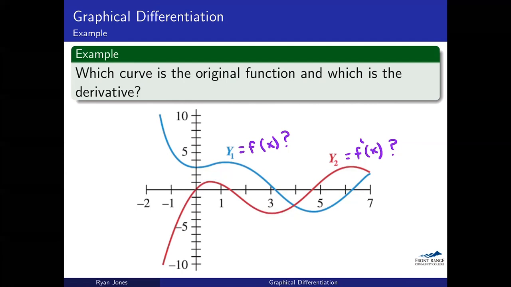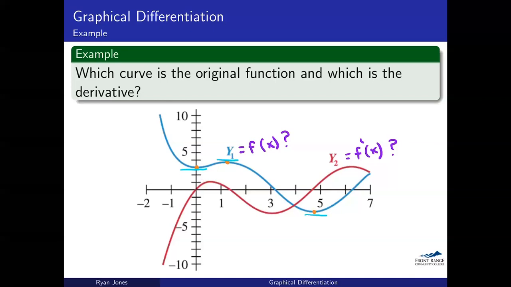And so again, I'm going to look for these points here. On the blue graph, I'm going to look for where the slope is equal to 0, and that's right there, and right there. At those points, my slope is equal to 0, and we can draw our tangent lines as well.